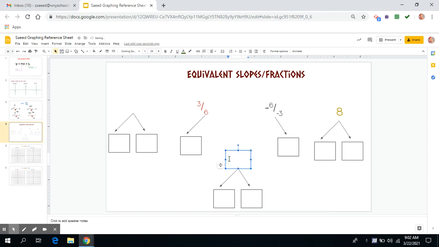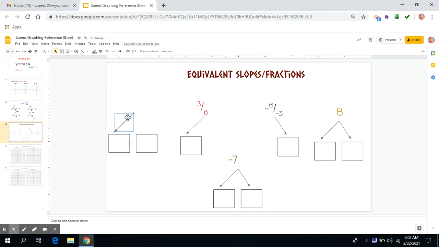This one I want. I'm deleting this right in front of you guys, so I know yours is going to look different because yours will have the final version of this, but mine doesn't. So I'm going to make it right now. Okay, so this is what your page would look like, but I want the equivalent slope and fraction.